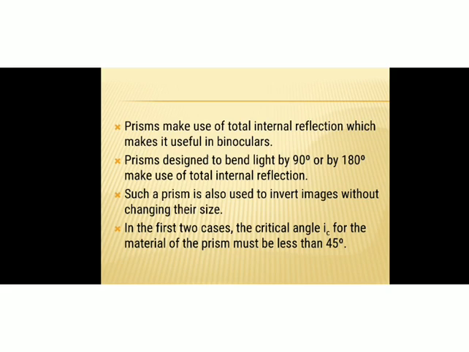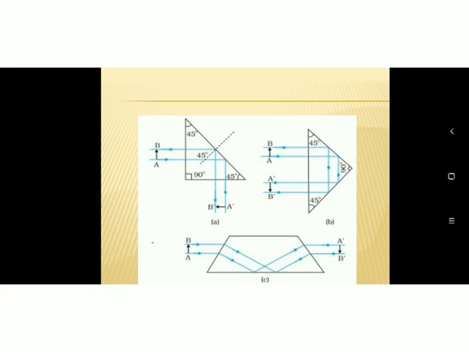Okay, so the prism makes use of total internal reflection by which it is useful in binoculars. Prisms designed to bend light by 90 degrees or by 180 degrees make use of total internal reflection. Such a prism is also used to invert images without changing their size. In the first two cases, the critical angle for the material of the prism must be less than 45 degrees. So this is the principle in binoculars.